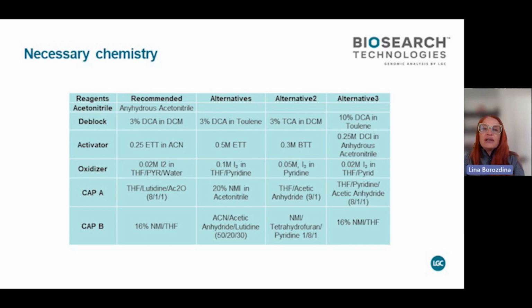For the D block, as you can see, there are different percentages. So you can have 3% DCA or 3% TCA, which is dichloroacetic acid or trichloroacetic acid, in different solvents, either DCM or toluene. Also, you can go up to 15% of your acid.